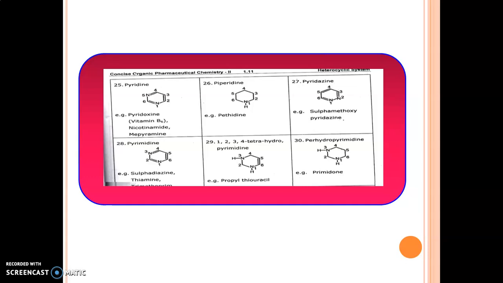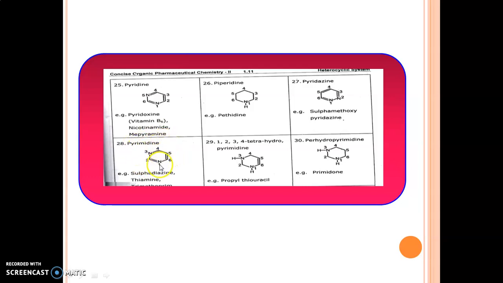Next rings are 6-membered rings. In that, first is pyridine. It is a 6-membered ring containing nitrogen at 1 position. Next is piperidine ring. It is a 6-membered ring containing nitrogen at 1 position, and there is no double bond. Next ring is pyridazine. In this ring, there are 3 double bonds and 2 heteroatoms, namely nitrogens at 1 and 2 positions.